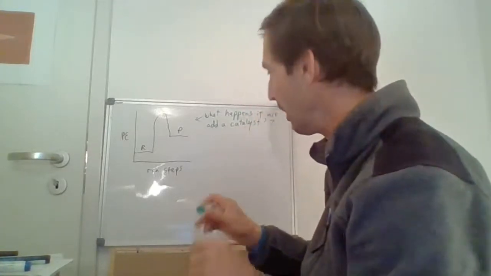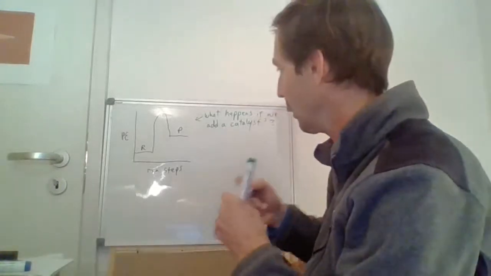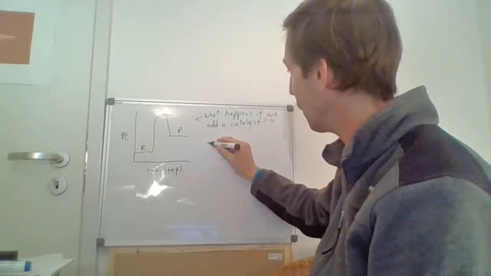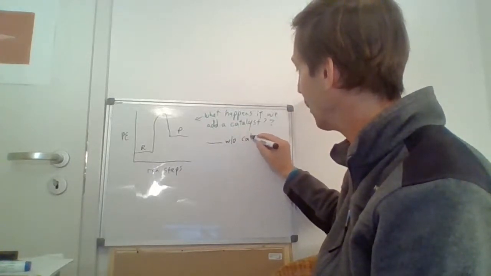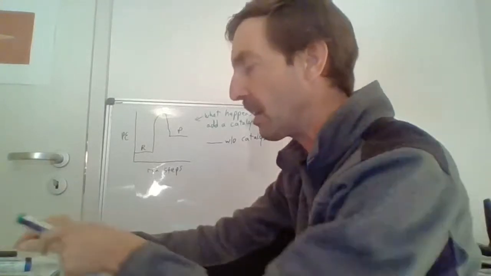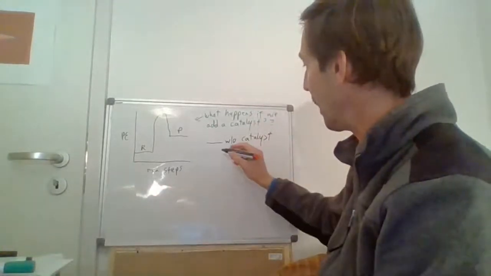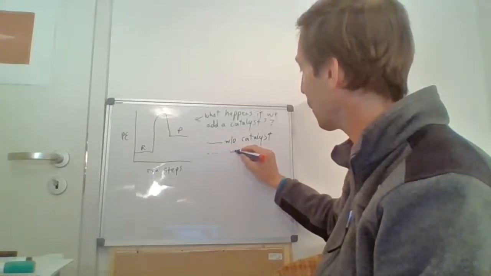Okay, so here we go. My black line here was without a catalyst. Let's let this be better contrast for you. So I'm going to let the red dash line be with a catalyst.